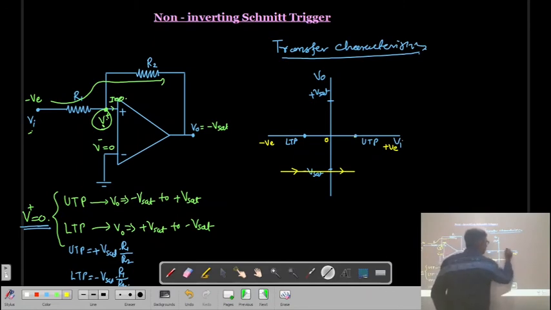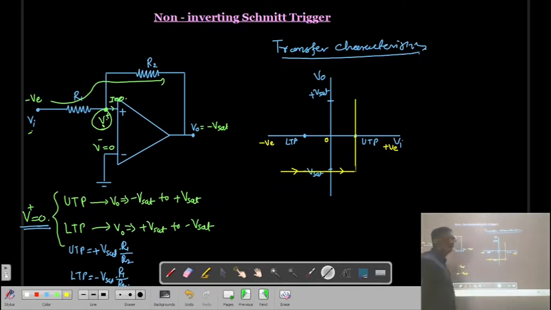At this point it crosses UTP, so the output changes from a minus V to plus V saturation. Correct?